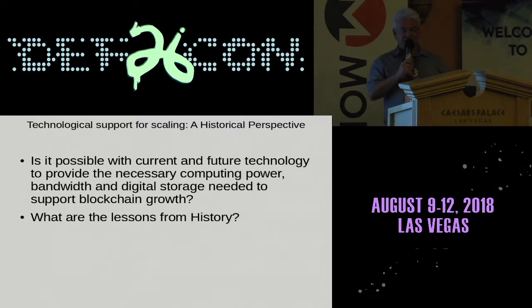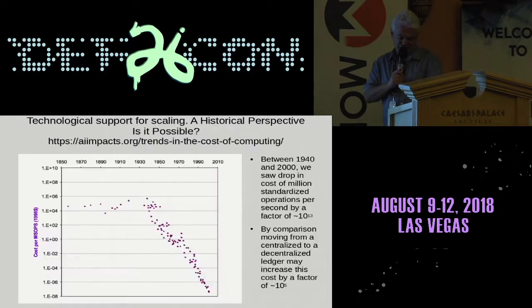The second question is, what are the lessons from history that we can learn when it comes to scaling? And I will present my next slide. And my next slide, it's actually quite dramatic. Most people are familiar with scaling from the point of view of, say, a decade. And I'm talking here going all the way back to the 1850s.